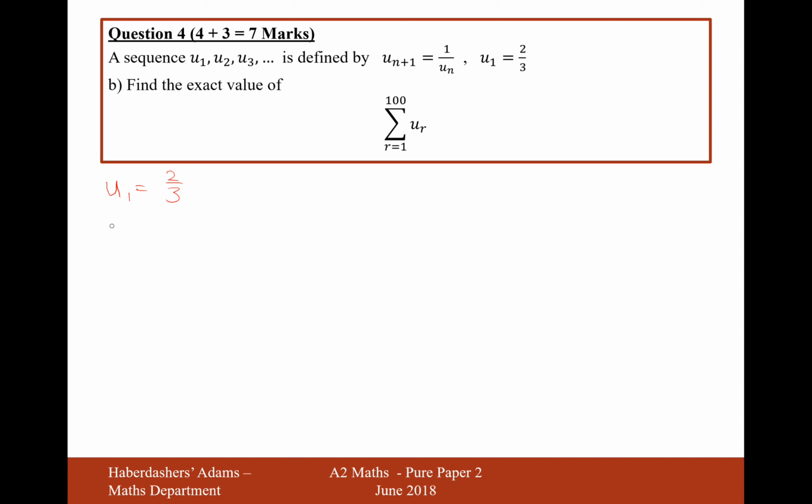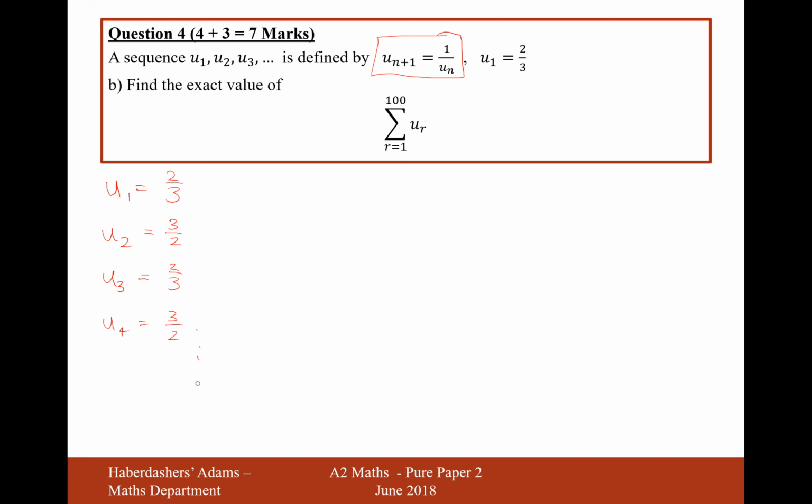So u1 is 2/3. To work out u2 we're going to use this formula here, 1 over un, that's 1 over u1, 1 over 2/3 is 3 over 2. u3 is going to be 1 over the previous term, that's 2/3. u4 is going to be 1 over the previous term, which is 3 over 2.